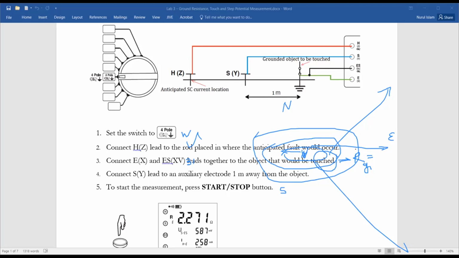And step potential is definitely the potential between your 2 feet, and according to the standard, the distance of the 2 points is as if you are standing putting your feet 1 meter away from each other. Okay, and standing, putting your feet differently, 1 meter apart from each other, within the same area, you could have different step potential.